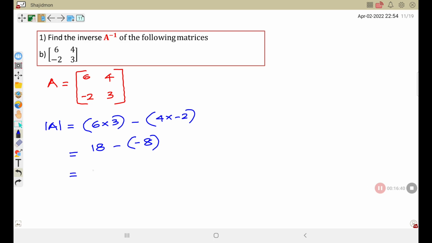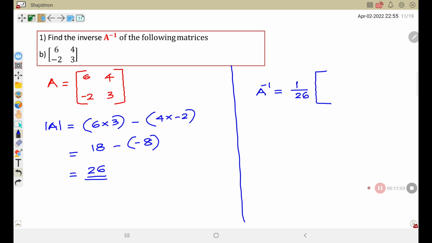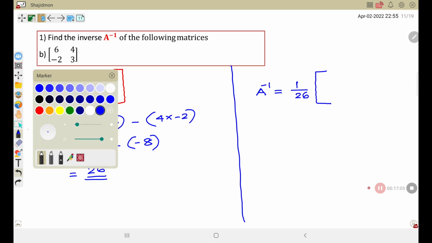So 18 plus 8 equals 26. So A inverse exists because determinant A is not equal to 0, correct. So what is the A inverse? A inverse equals 1 over determinant of A, the number we got, 26, multiply by the matrix with main diagonal numbers interchanged.